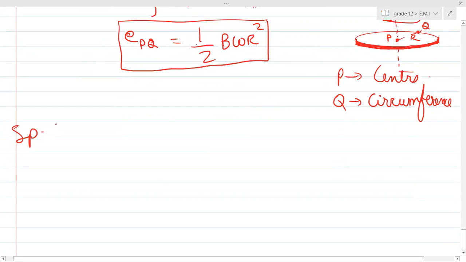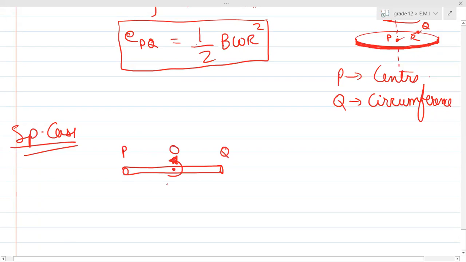Now there are lots of special cases involved. Suppose the rod is not rotating about one of its ends, but the rod is rotating about its center, like this. This is PQ, and let's say the center is O, and the rod is rotating with angular velocity omega.